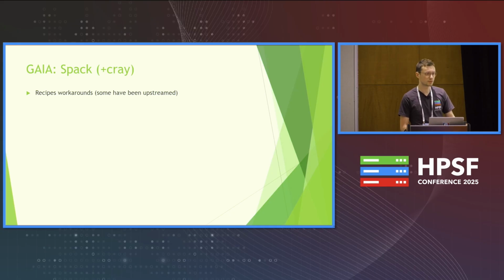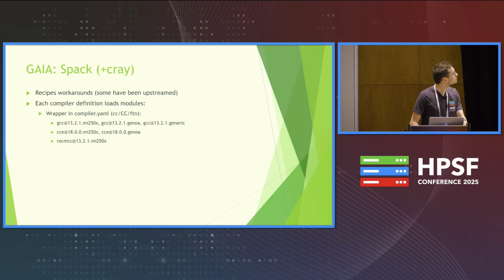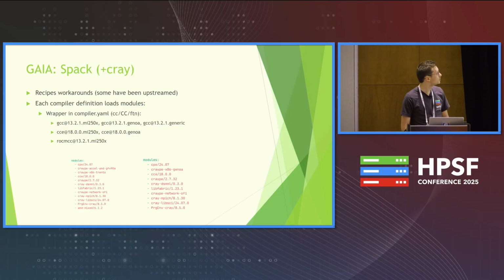Because we have a Cray machine, we have a lot of issues with Cray also. And so we have many recipe workarounds, some of which we have upstreamed already, and we will continue to do so. One specificity that we are using and that we do not see often on other sites is the fact that because we use Cray and the wrappers, and because we have different partitions that we want to target, we need to use the modules that Cray provides. For that, we will have, for instance, a GCC compiler, which we will suffix the version using, let's say, MI250X, and this will map to a list of modules.